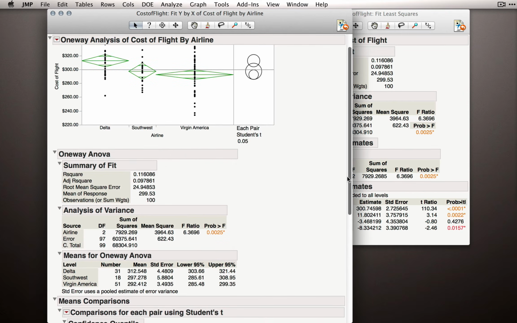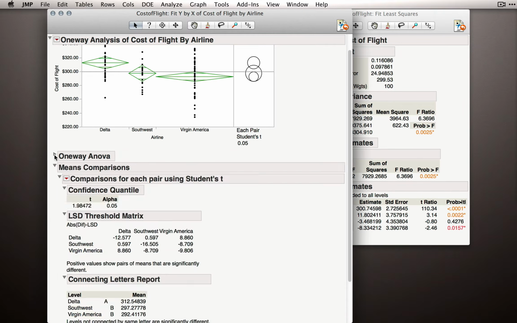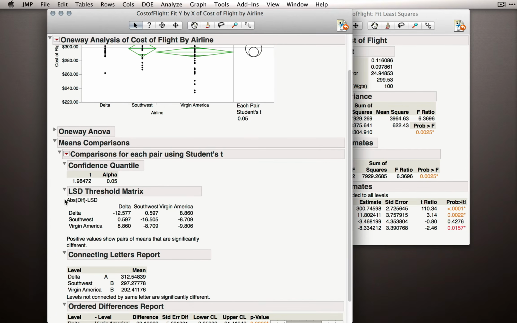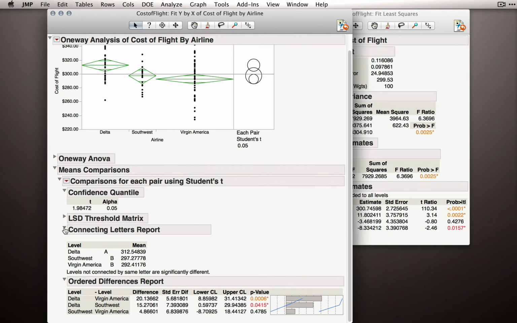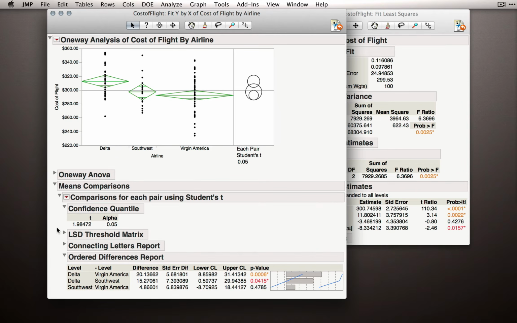Let me go to the top and hide some output so we can look more clearly at what each of these tests is referring to. I'll actually hide the LSD threshold matrix as well, and I'll hide for now the connecting letters report. Let's first start by looking at the ordered differences report, which reports for us each comparison, the standard error of the difference and the actual observed difference, the confidence intervals for the lower and upper bound, and a p-value.